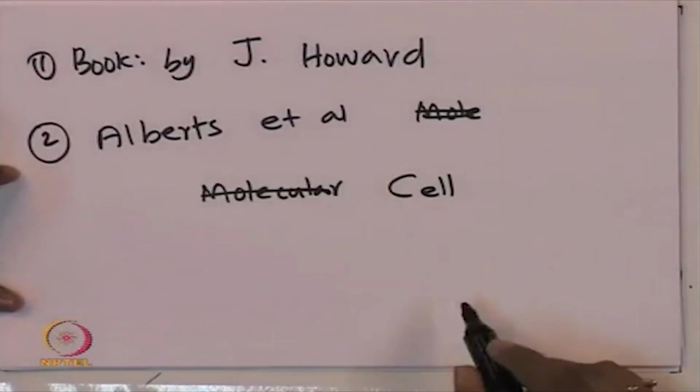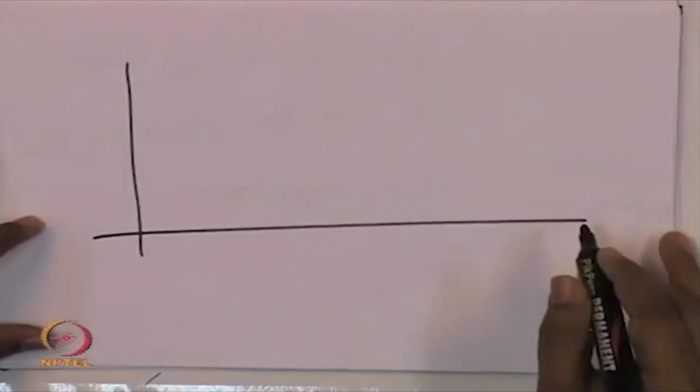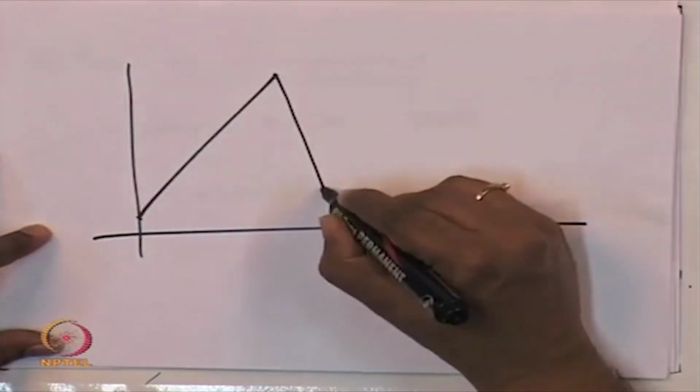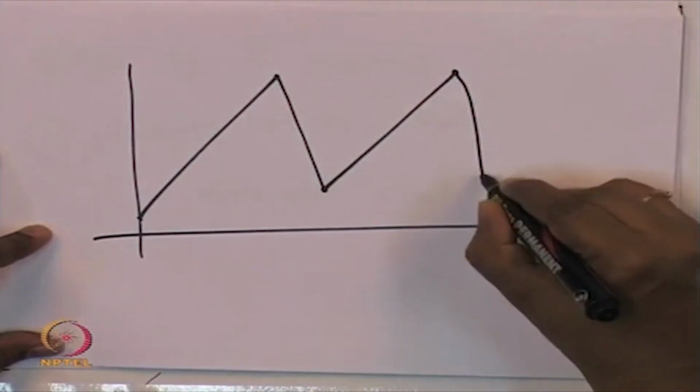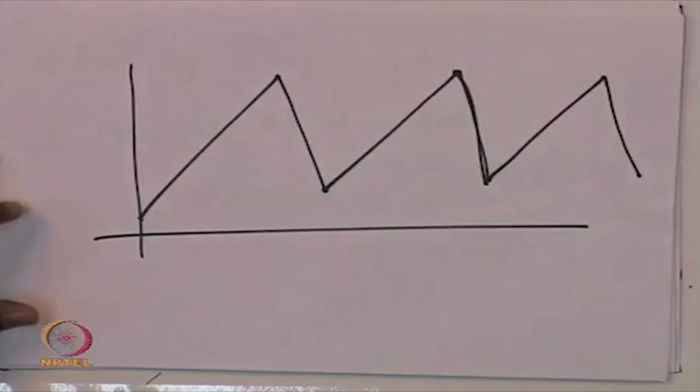So, this is Alberts. These two books will have a nice description of dynamic instability. And you can also see videos there in Alberts' book, or you could even see it on YouTube, and from those videos it will be clear that the phenomenon is roughly something like this: very slow growth and nearly sudden shrinkage. Slow growth, sudden shrinkage.